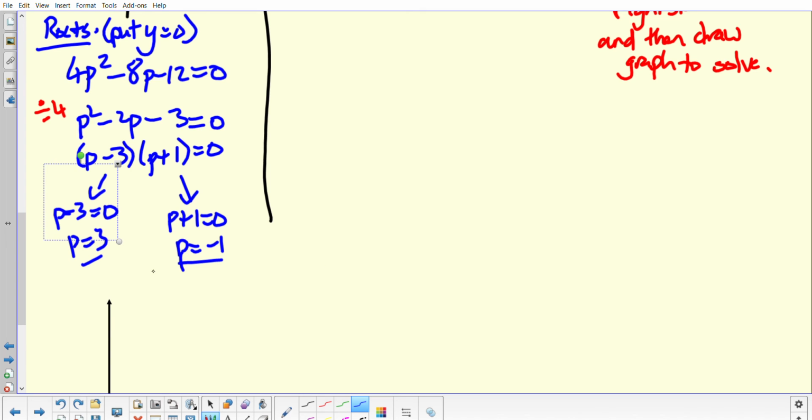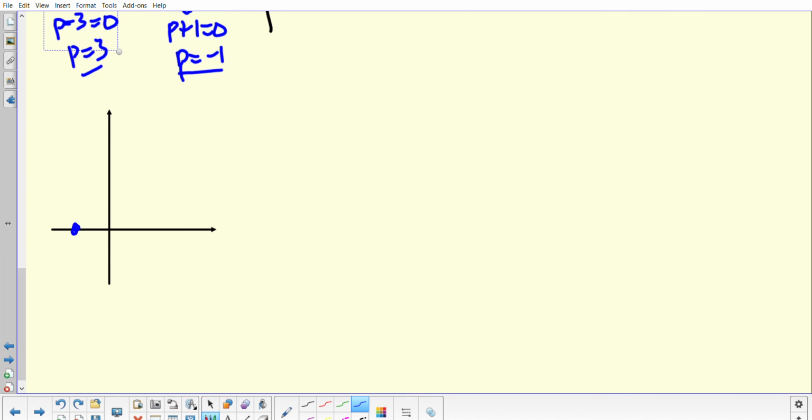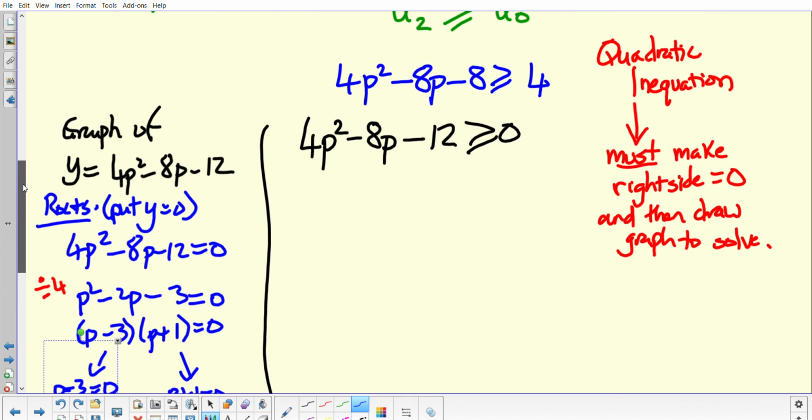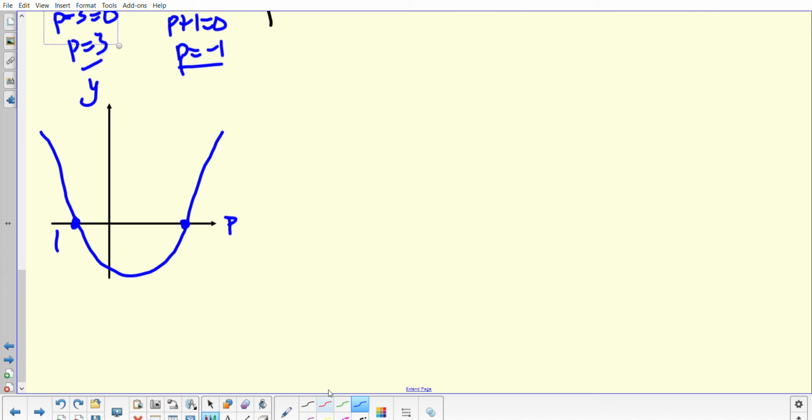So from that, you're then able to draw a little sketch, and it was a positive p squared. So this is the p-axis and the y-axis, and you're able to draw that shape of graph. And then from this, you make use of why you've drawn that graph. You remember this represents 4p squared minus 8p minus 12, and you're trying to work out where it's greater than or equal to 0. So you're interested in this bit of the graph, because up here, this is where y is greater than or equal to 0.